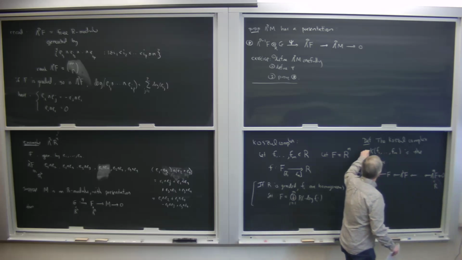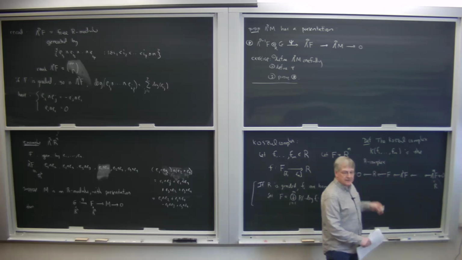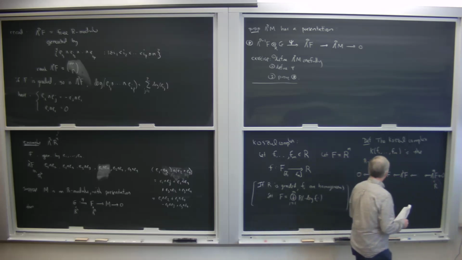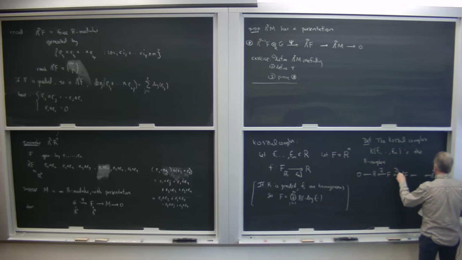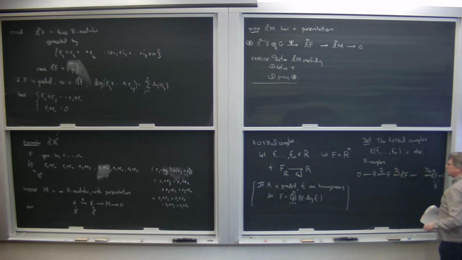So K is this thing here, but now I have to tell you what the maps are. First of all, let's name them. This is going to be del 1, this is del 2, up to del m. So they always are named starting at the source of it.